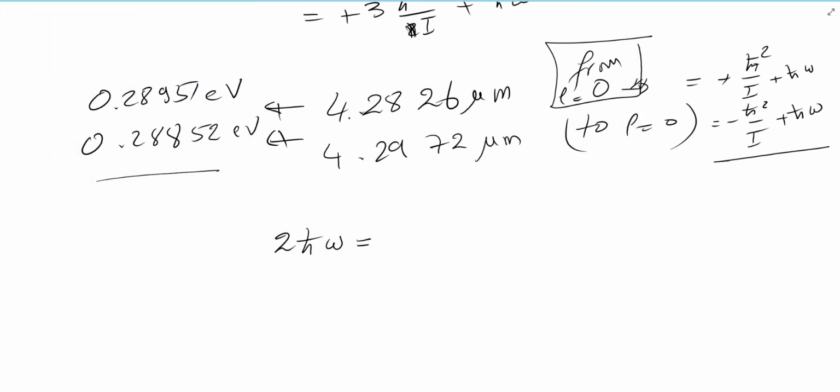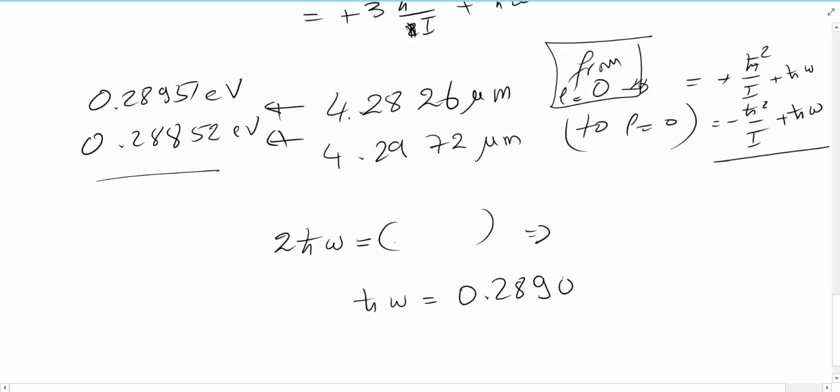We have to divide by 2 to find h bar omega. Divided by 2. Okay, so h bar omega is just half of the sum of those two quantities, which is going to be 0.28901 electron volts, to 5 significant figures. Okay.